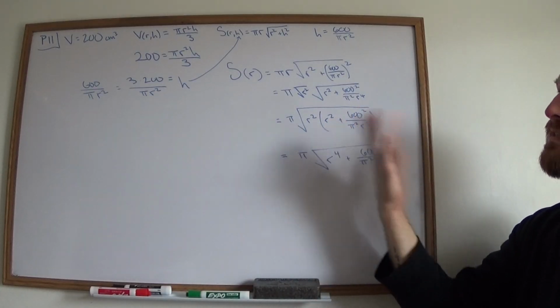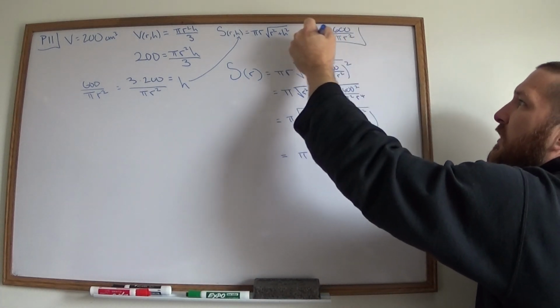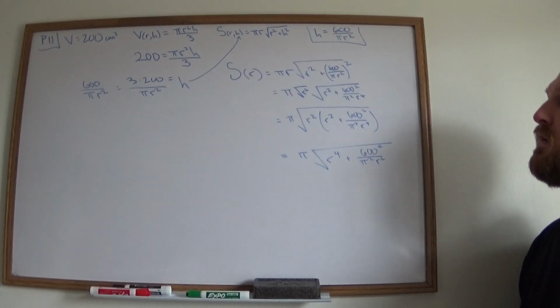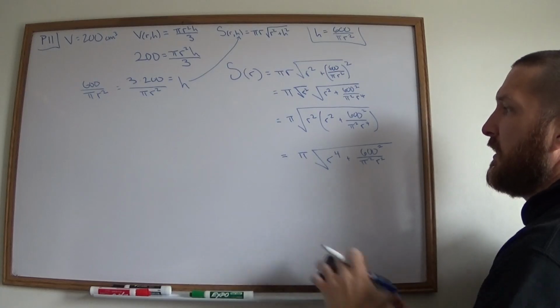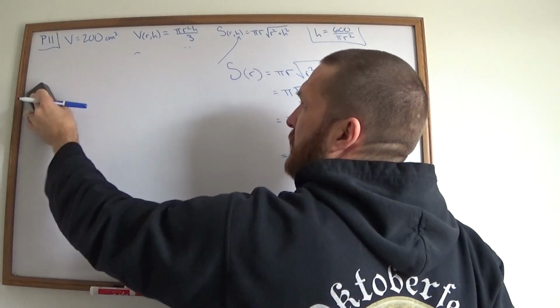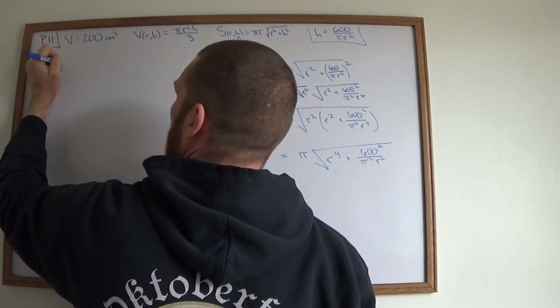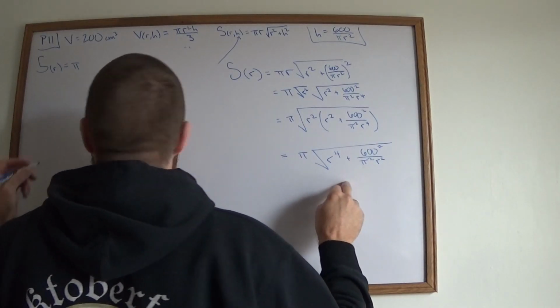So I'll know the radius, that'll be one of the dimensions, but I'll also need the h. So I don't want to lose this. When I find r, I could plug it in here and find what h needs to be. Okay? So, okay, let's do this. We're going to rewrite the surface area over here. So the surface area as a function of r is equal to pi and then square root of this stuff.